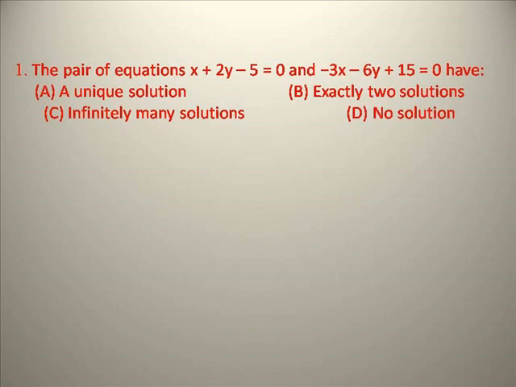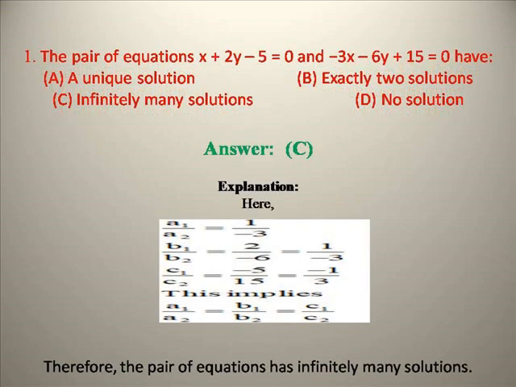First question, the pair of equations x plus 2y minus 5 equals 0 and minus 3x minus 6y plus 15 equals 0. You have the options and you need to choose the correct answer. So let's move to the answer. Answer is C, that is infinitely many solutions.